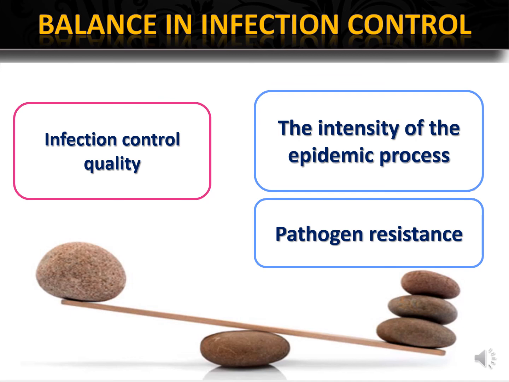So, when we try to analyze how infection control helps us to solve the problem with different pathogens, how infection control helps us to stop the dissemination of different resistant pathogens, you should remember such a picture like on my slide.